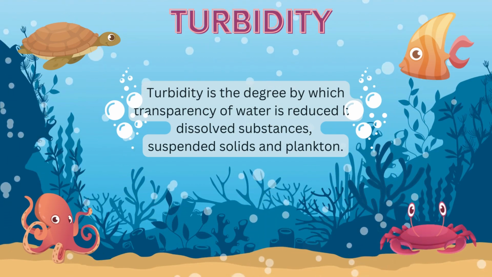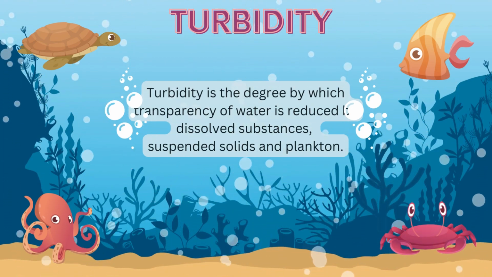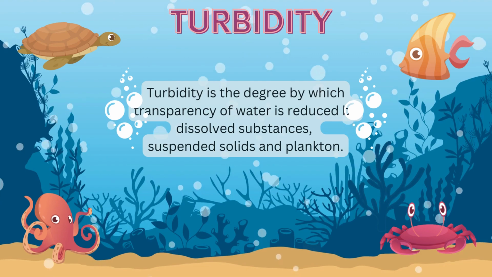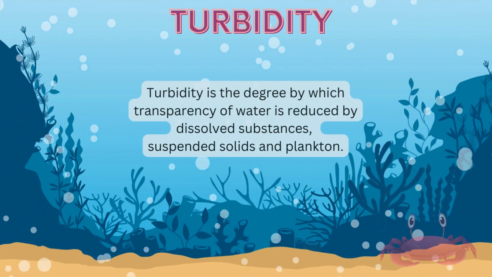Turbidity is the degree by which transparency of water is reduced by dissolved substances, suspended solids, and plankton.